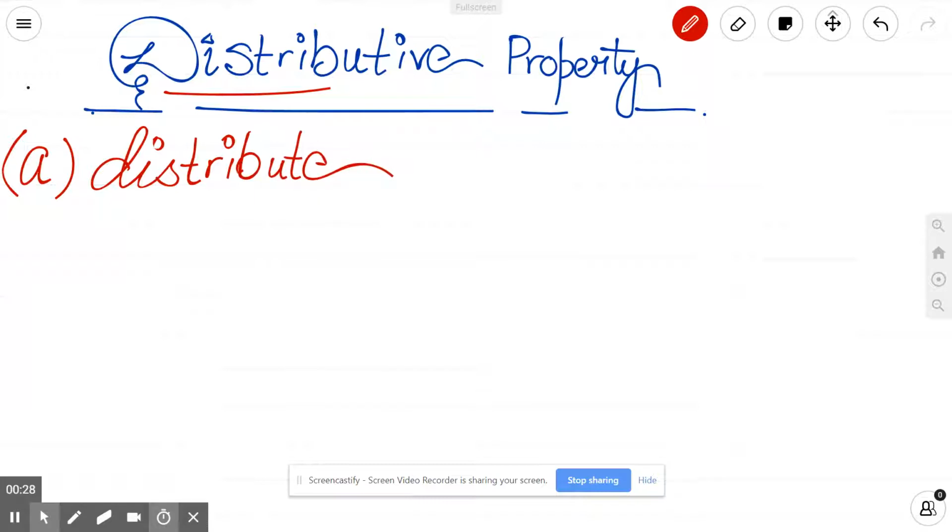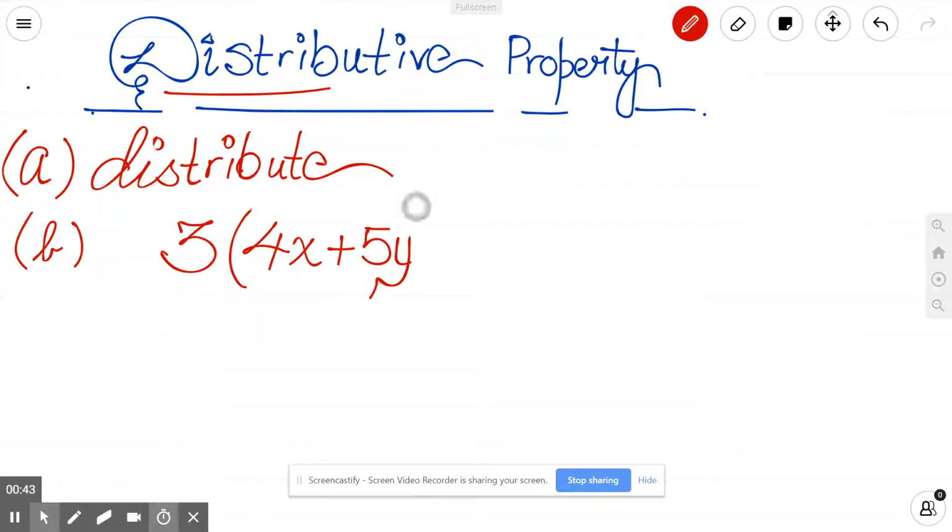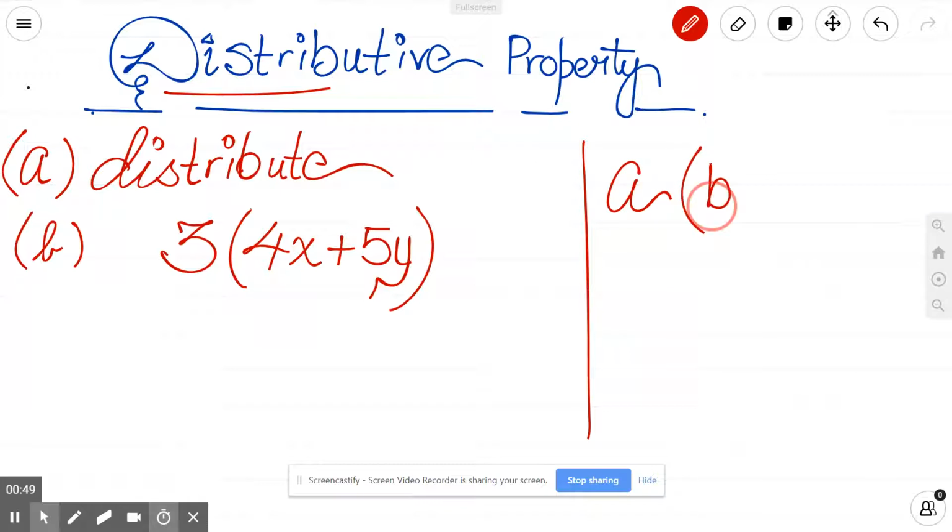Now, what does it mean in math? Basically, you have something outside the parentheses. So let us say we have 4x plus 5y here. Let me also show you what it means with variables.